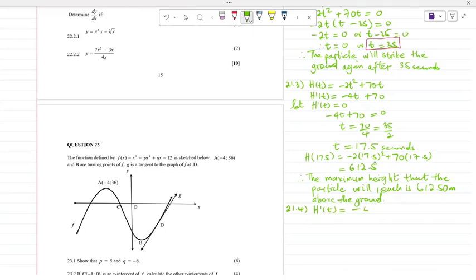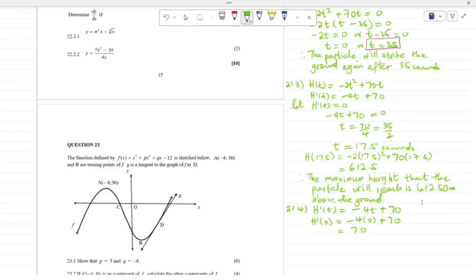Now, the initial velocity corresponds to h prime at 0. H prime at 0 will correspond to the initial velocity, or the initial speed, of this particle. So h prime of 0 is minus 4 times 0 plus 70, and this gives you 70.